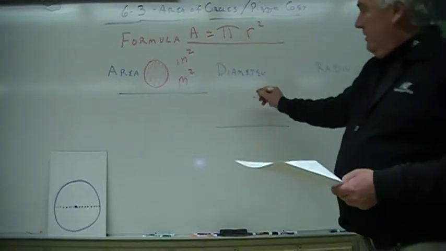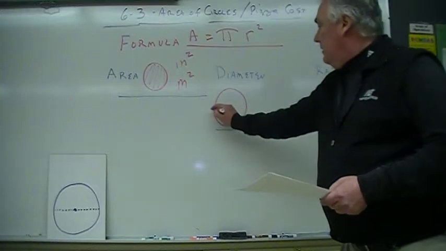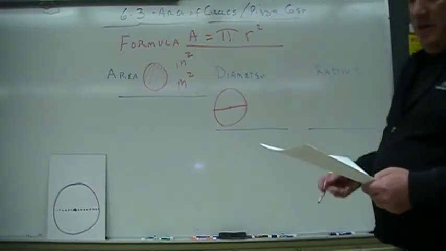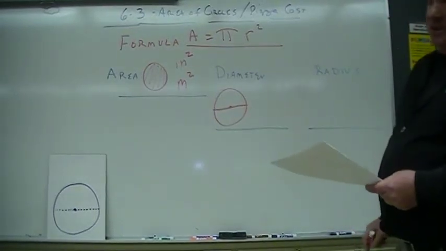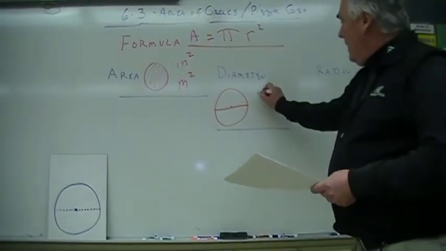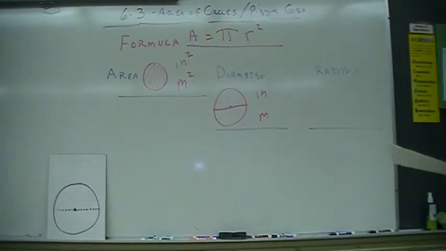Okay, the diameter of a circle, there's our center. The diameter is distance across. It's the entire distance across. That's your diameter. And we use inches or meters for that measurement.